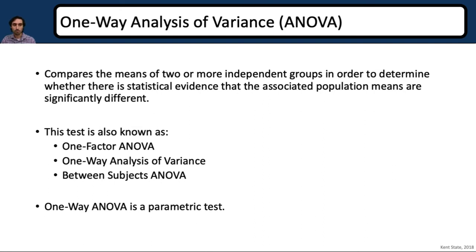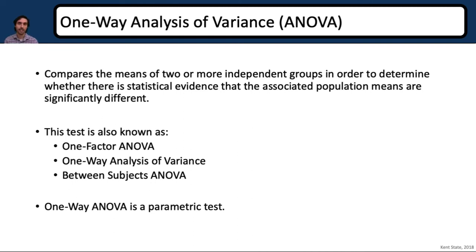An ANOVA compares the means of two or more independent groups in order to determine whether there is statistical evidence that the associated population means are significantly different. This is also known as a one-factor ANOVA, a one-way analysis of variance, or between subjects ANOVA. For our practice, we will just say ANOVA. Let's just stick with ANOVA, shall we?